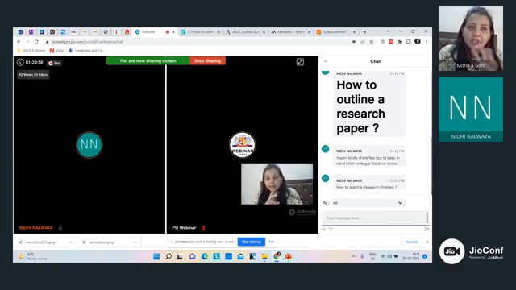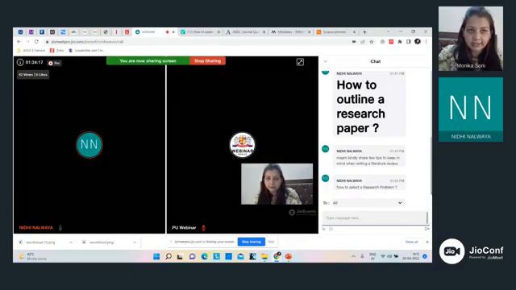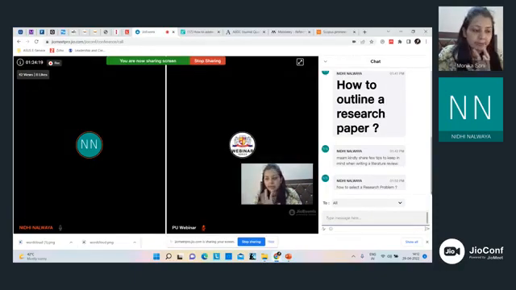Second, a general structure is that you start with the introduction, then you have a review of literature, then objectives, hypothesis, then your research methods or research design, then finally results, then discussion, then implications, and then your conclusion. So it goes like this in a general format, I'm saying.